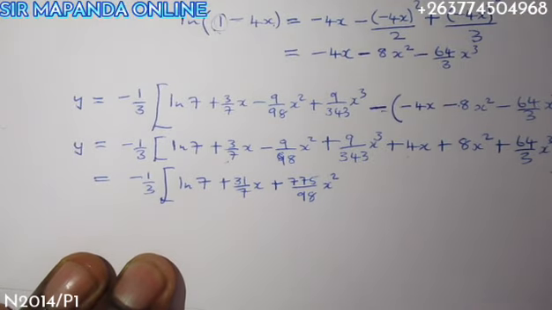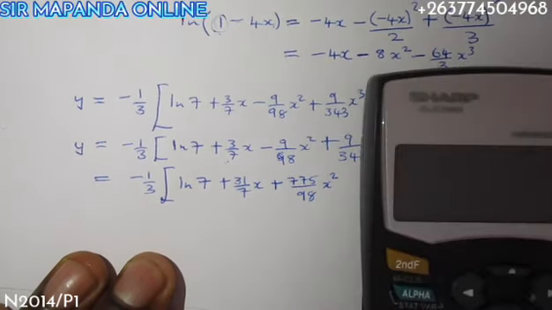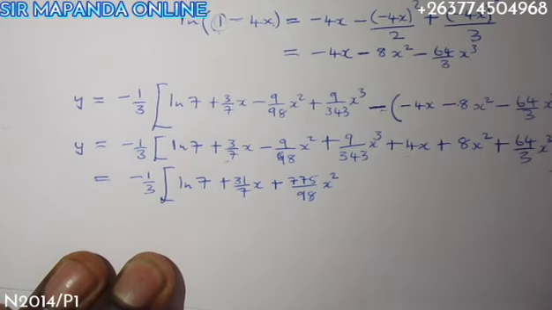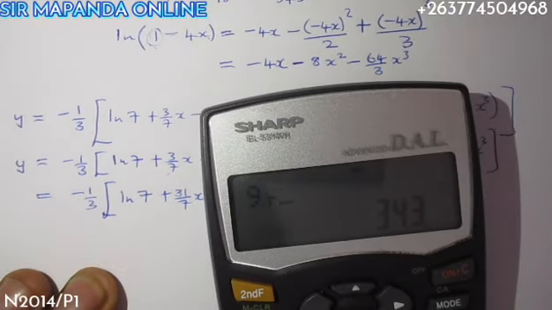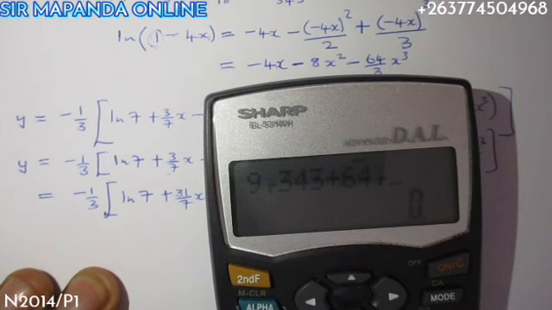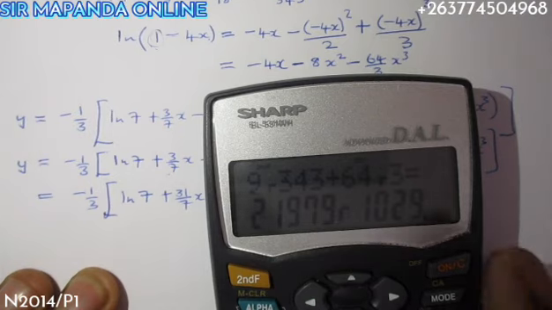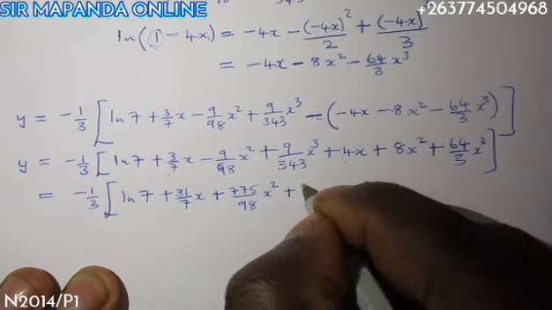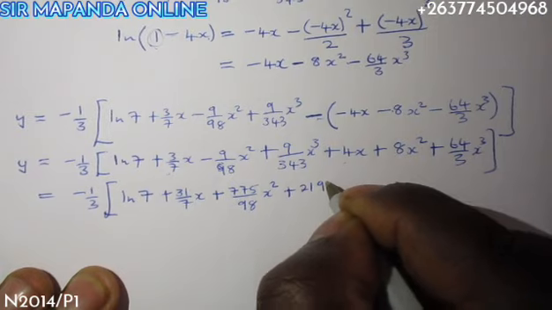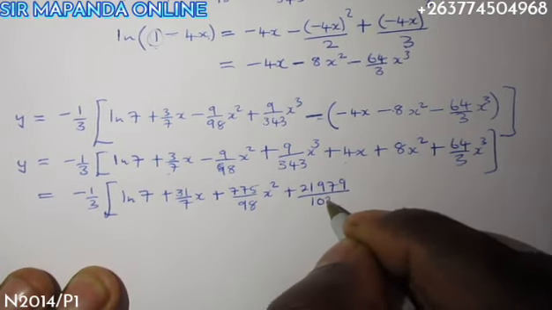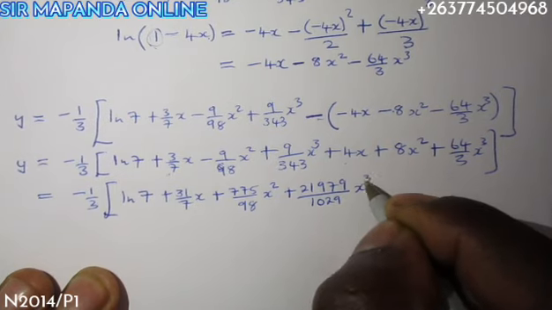Then 9 over 343 is a like term with 64 over 3. So plus 64 over 3. You get 21,979 over 1029 x cubed.